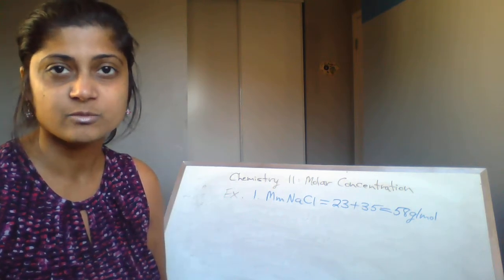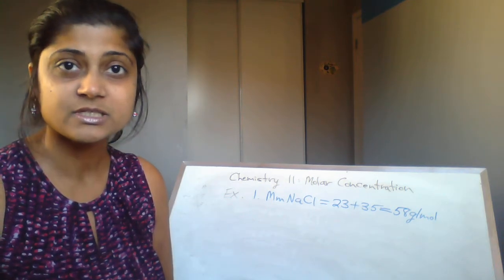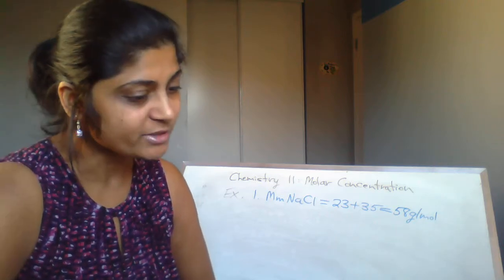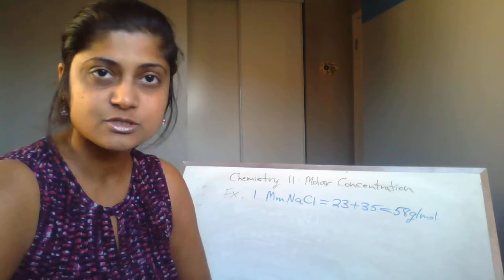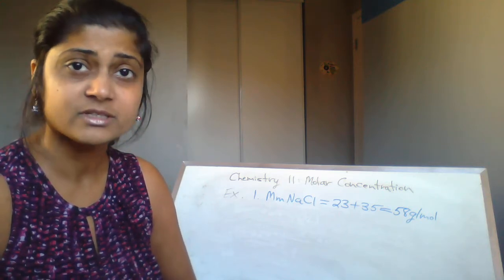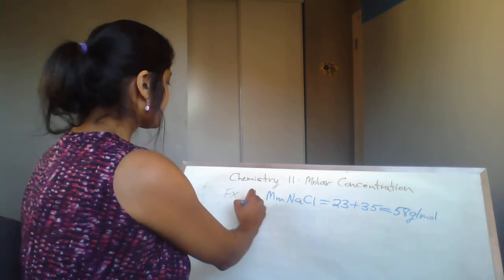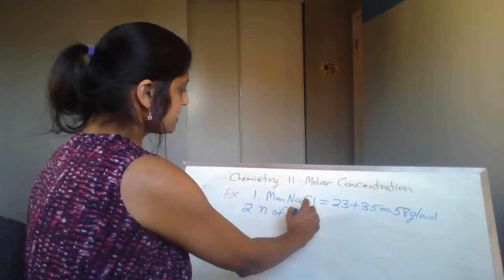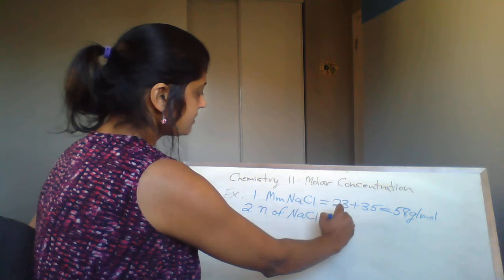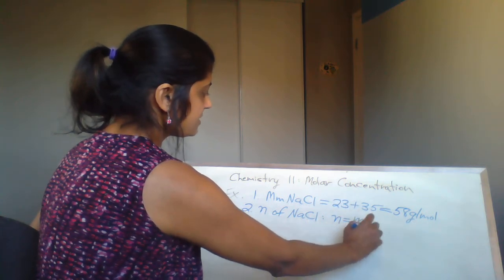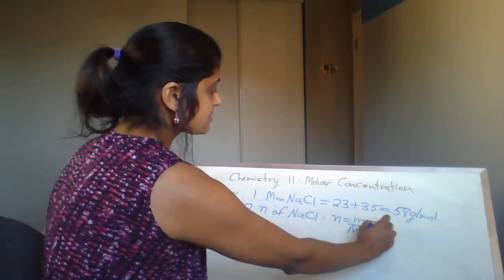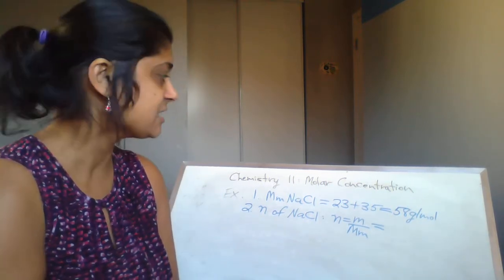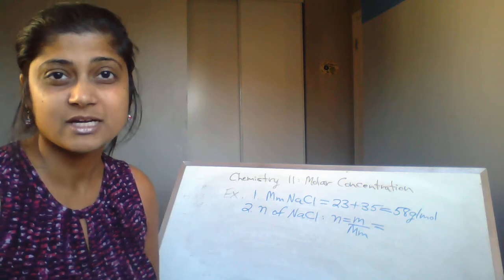You're always looking for the molar mass before you can even utilize the other formulas and the units. All right, so in the next step, what we should do is look for the number of moles. I'm going to put moles of NaCl. When you're looking for the moles, remember it's the mass divided by the molar mass. I do have to make sure I am remembering this formula, and we used that in Unit 3.